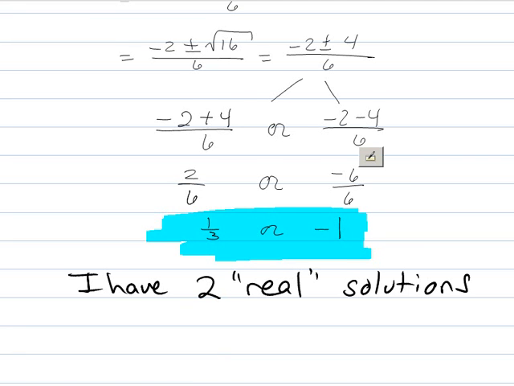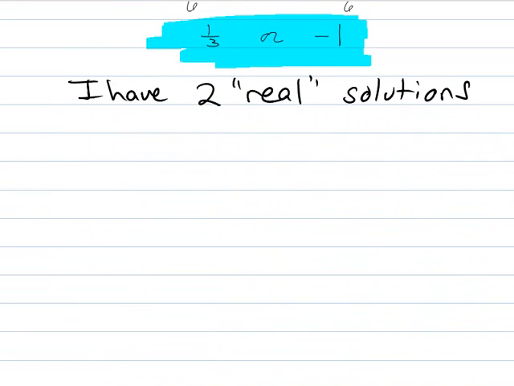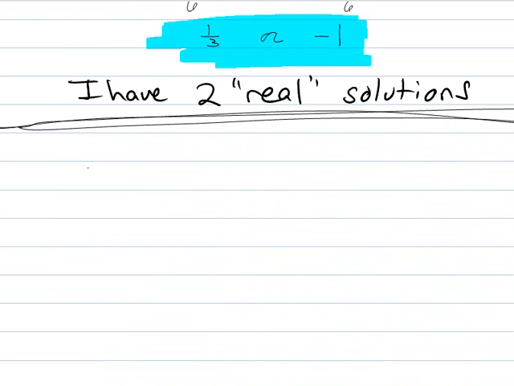Now that isn't always the case. So say I would plug this in and say I had a problem that looked more like this. X squared, I don't know, plus 3x plus 10. How about that?